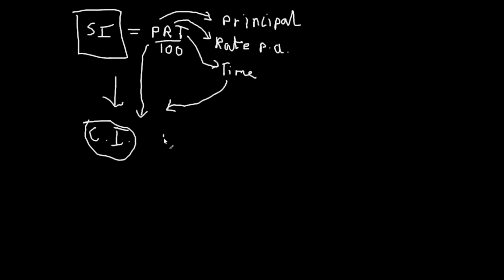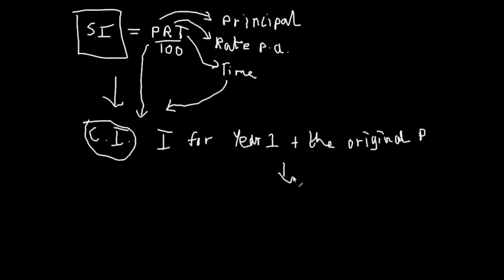So I for year 1 plus the original principal becomes your principal for the second year. So it's obvious that if, say, your time is more than a year, CI will always be more than SI.